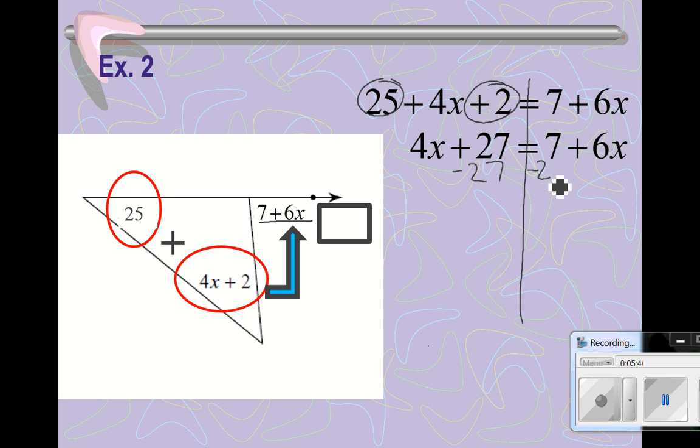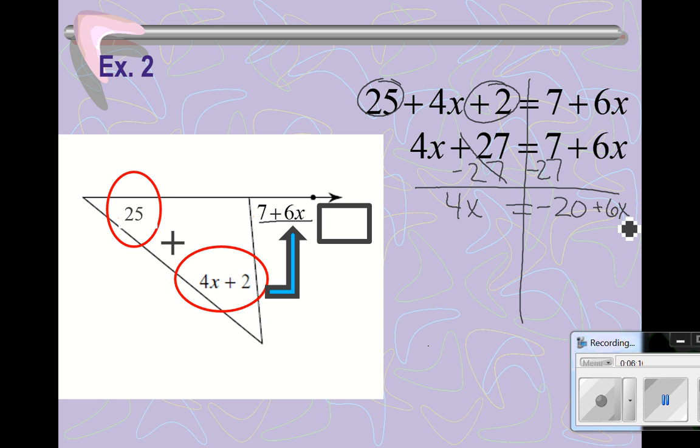And make sure you subtract 27 on the second side from the 7 and not the 6x, because they're friends, and that will cancel. Then you will have 4x equals, and if you make a T-chart, 7 minus 27 is negative 20. Bring down the plus 6x.